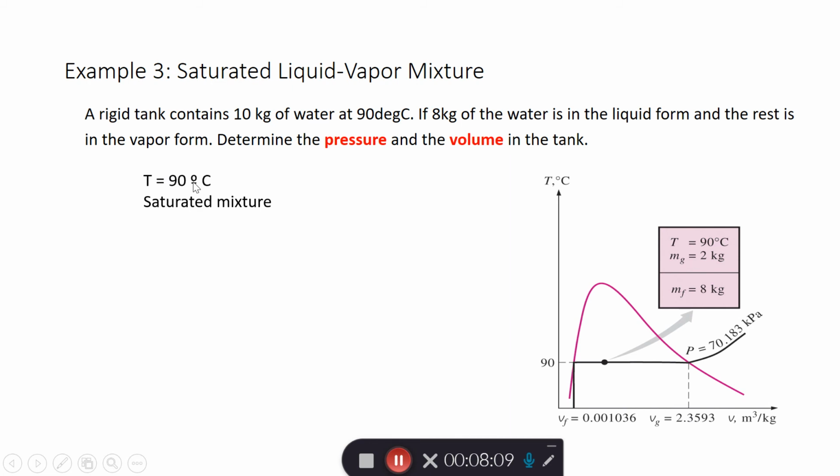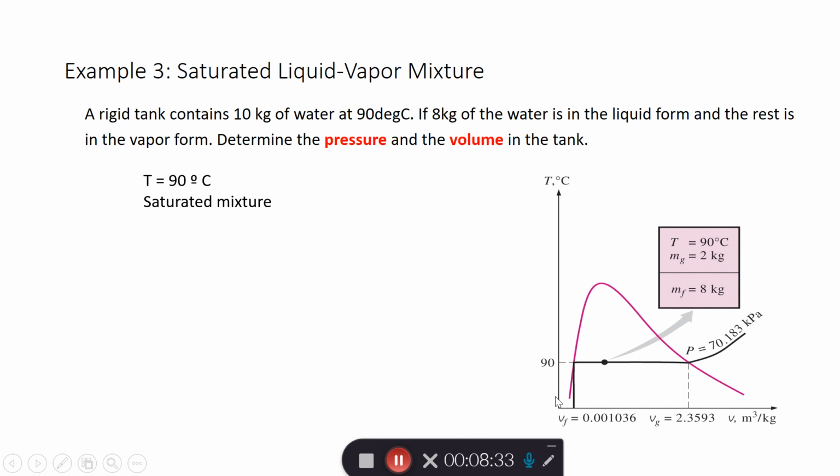Let's say you were not told that it's a mixture. It said that 10 kg is the mass of water inside the tank, but 8 kg is in liquid form. That means that there's another 2 kg that is in vapor form. So that is enough to tell you that this is a mixture.